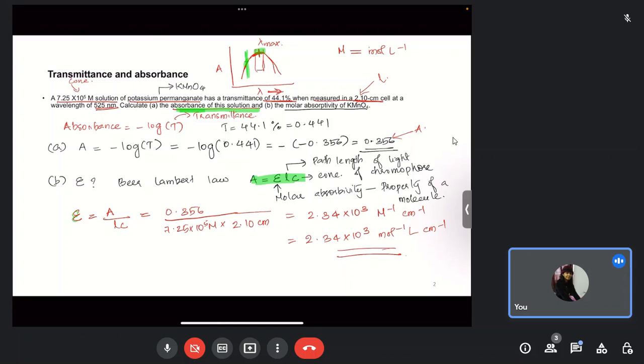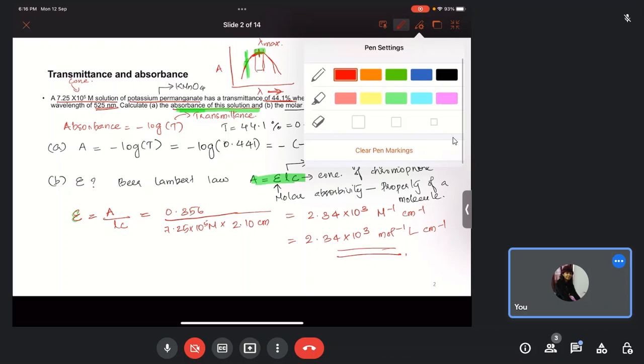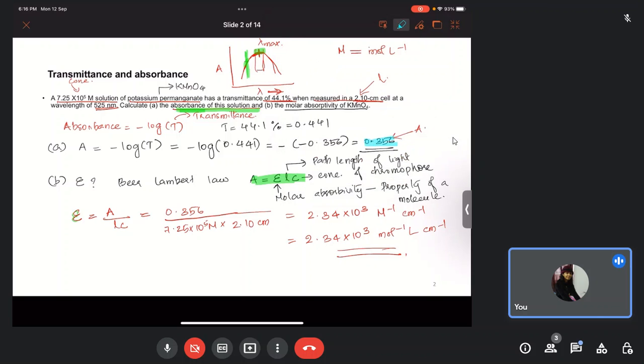So this is how the molar absorptivity has been calculated given the absorbance value, and the concentration and the length of the cell, which corresponds to the path length of the light.